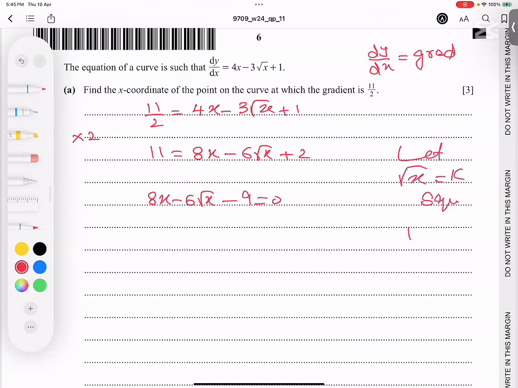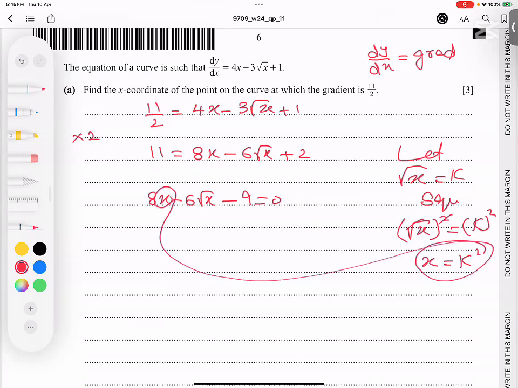Squaring both sides, k squared on the left, and on the right the root square cancels and I get x. So I replace x by k squared and root of x by k. And now 8 9s are 72.